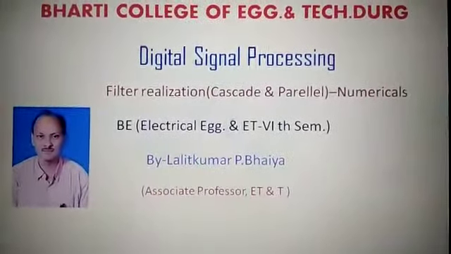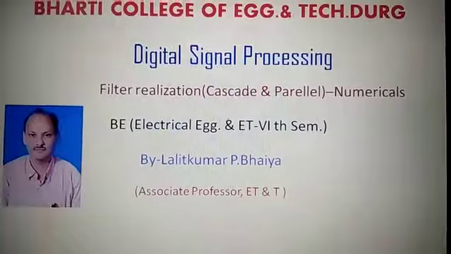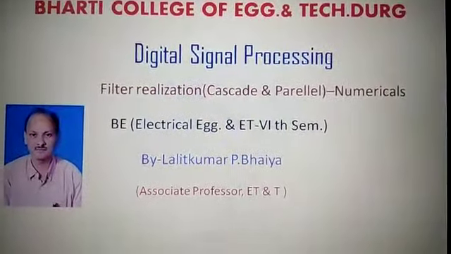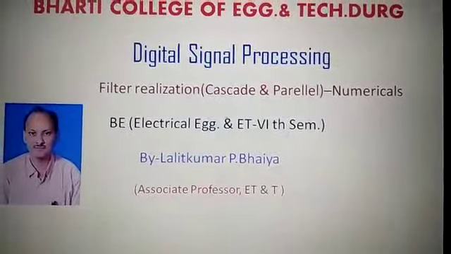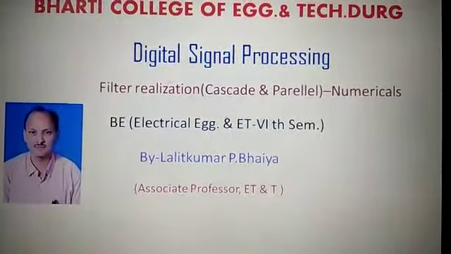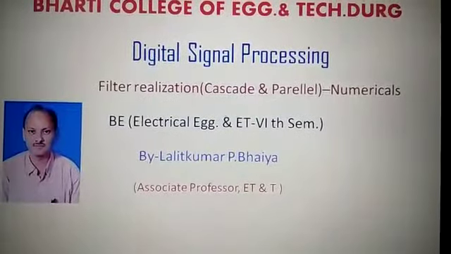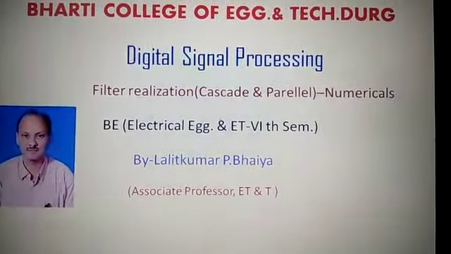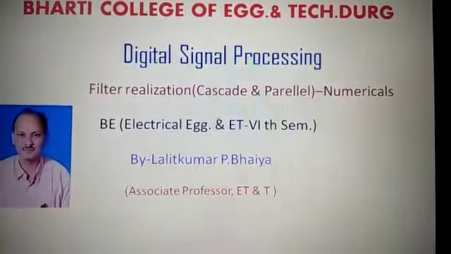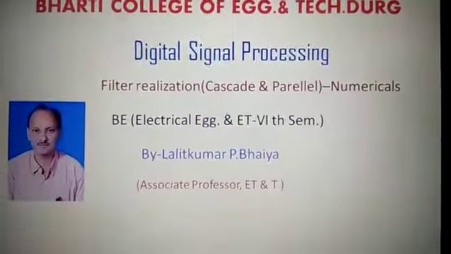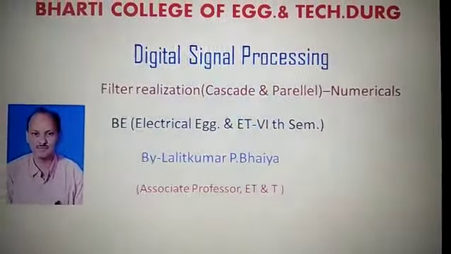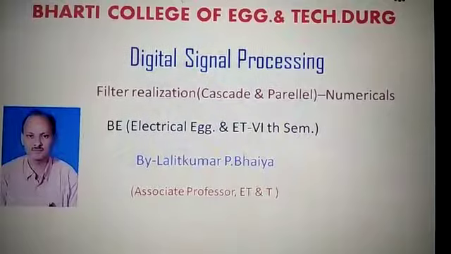Dear friends, you already know the zero pole form, that is direct form one realization, and the pole zero form, that is direct form two realization. In cascade and parallel realization, we will realize each term of the transfer function into direct form 2.